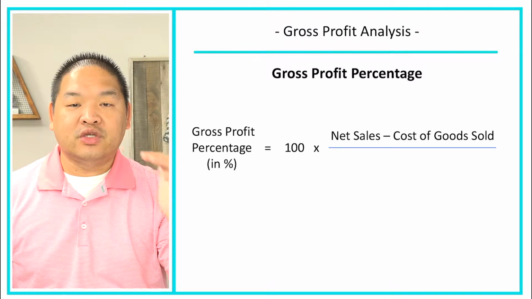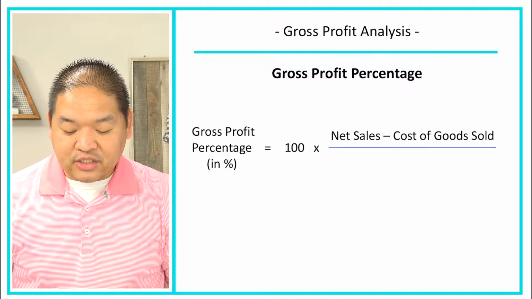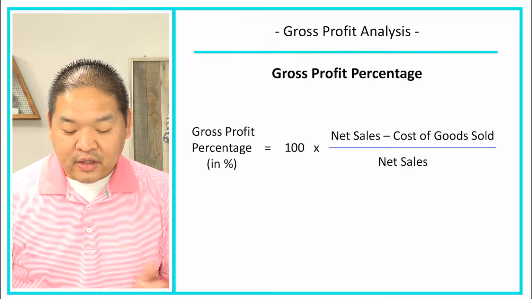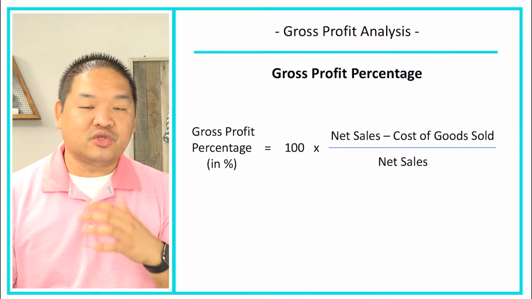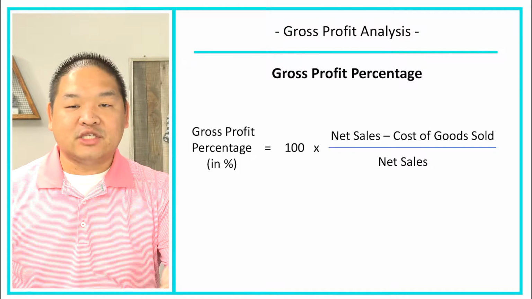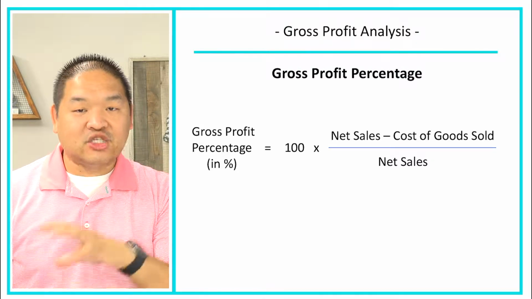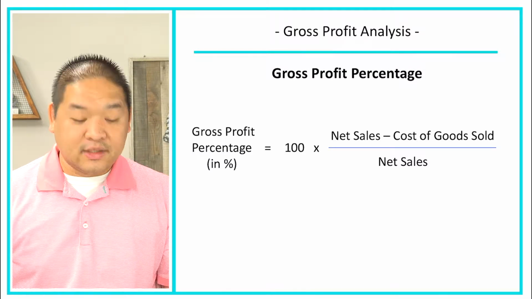We're going to do it after returns, allowances, and sales discounts. So net sales minus cost of goods sold, and we're going to divide that by the net sales itself. Multiplying by 100 gets it to a percentage, okay? That's what we're trying to get to. Otherwise, it'll give you a decimal, and it wouldn't look correct. So by multiplying that answer by 100, we're getting the percentage that we want, okay?